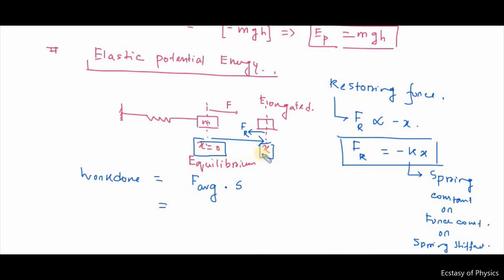So we can take the mean of these forces, which is 0 plus Fr upon 2, the average force, times how much it got displaced, which is x. So it is half into the restoring force Fr times s. Now the restoring force is negative k into x, times x. Finally we get the work done, which is negative half into k into x squared.